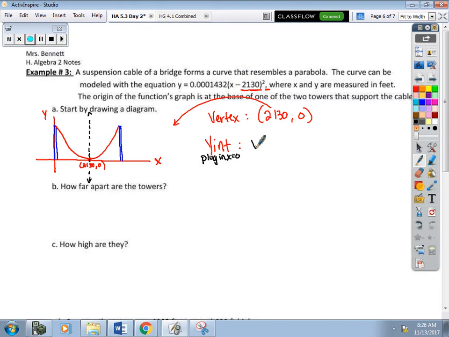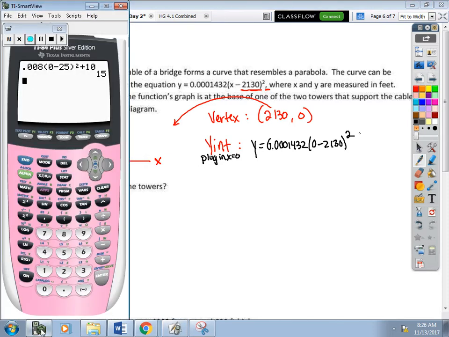So in our equation up here, again we'll utilize a calculator since we have such small decimals here. And let's just round to the nearest.